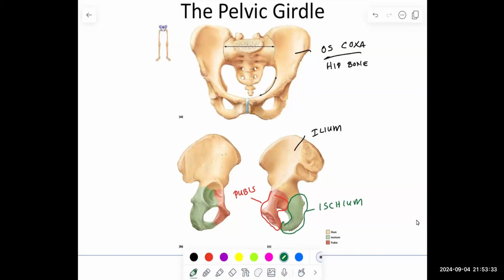When you're an adult, they will fuse and be the os coxa. Sometimes doctors will still refer to that top part as the ilium, even when it's completely fused. Hence why we have to learn them.